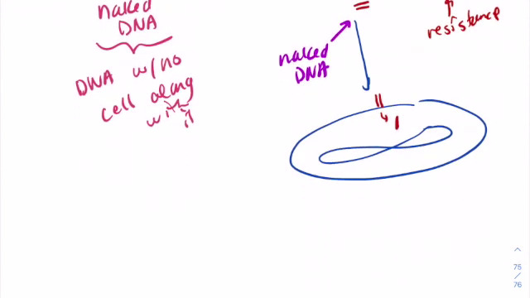So a cell that has the ability to take in a piece of naked DNA is called a competent cell. It's a cell that is able to take in a new piece of DNA.